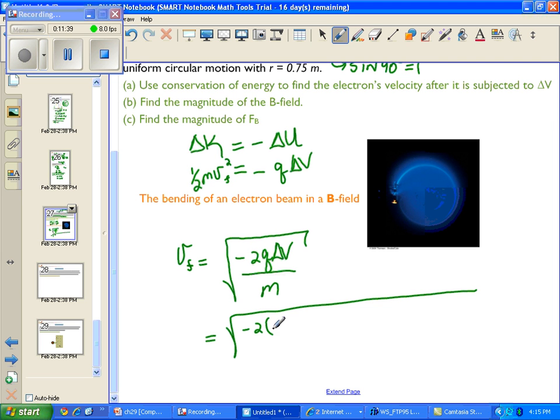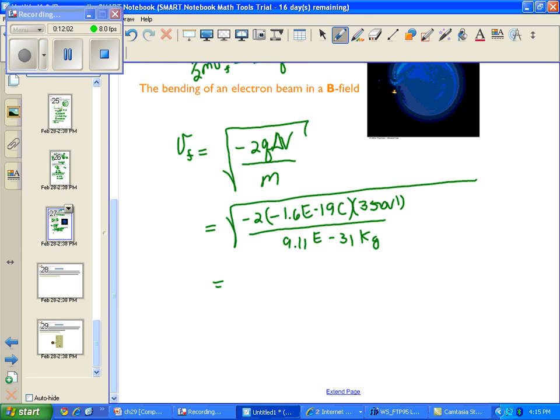Minus 2 times minus 1.6 e to the minus 19 coulomb times plus 350 volts divided by the mass of the electron, which, if memory serves me correctly, is 9.11 e to the minus 31 kilograms. When we plug in our numbers, unless I've made a calculator error, I get 1.11 e to the 7 meters per second.